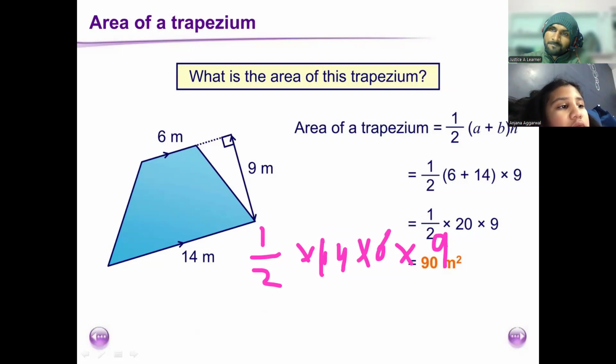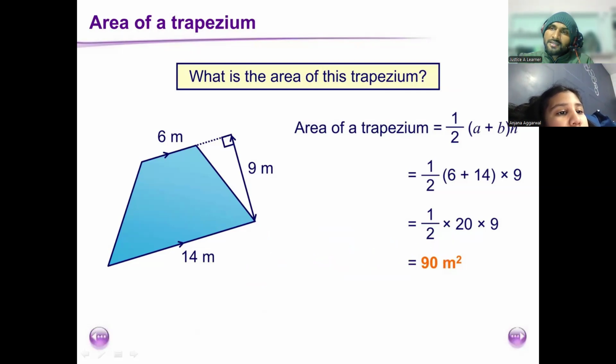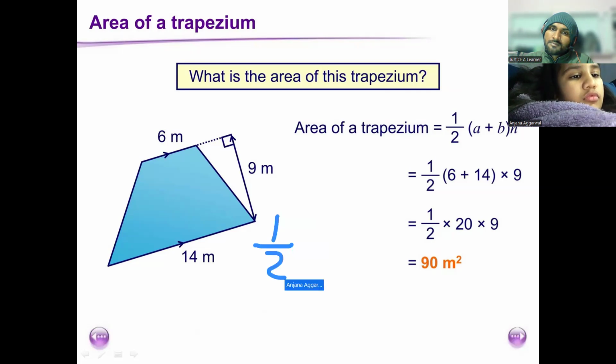Is that right? You forgot something. We have to find the sum of both parallel sides and then multiply. What are the parallel sides? Yeah, right.